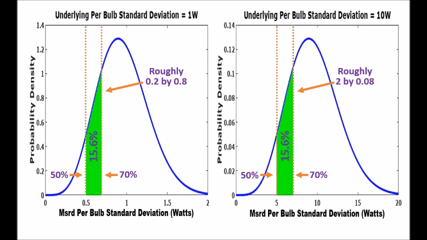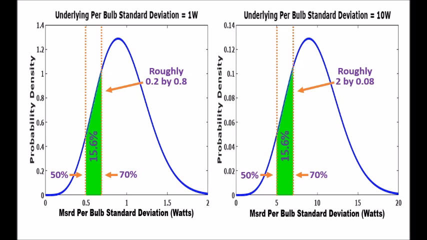Doing this over and over, we can now form a table showing the probabilities that our measured standard deviation falls within certain percentile ranges of our underlying standard deviation. And this table is completely independent of what our underlying standard deviation is. Again, looked at this way, we get the same areas whether the underlying standard deviation is 1, 10, pi, or any positive number.